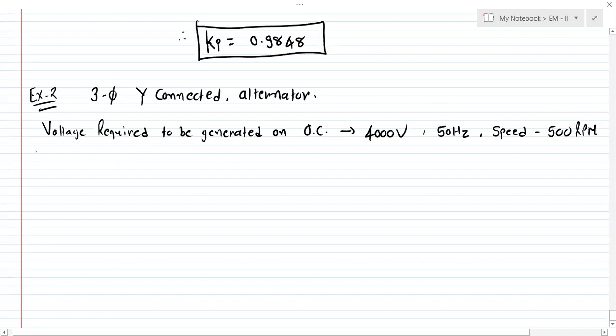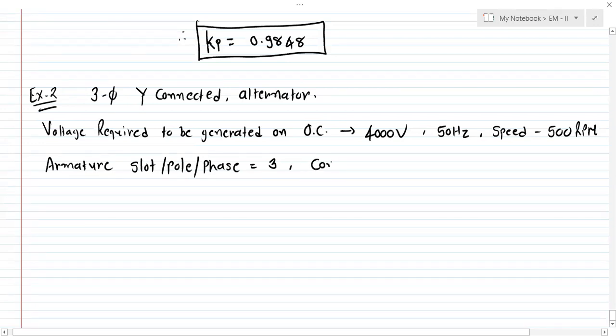We have armature slot per pole per phase equal to 3.